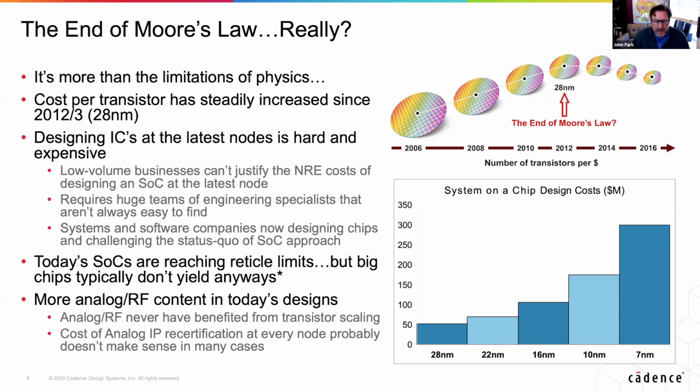So that's expensive. The ASIC design community are not people standing on the corner looking for a job. It's hard to hire these people, it's expensive to hire them, and it requires a lot of infrastructure, including EDA tools, to develop these things.